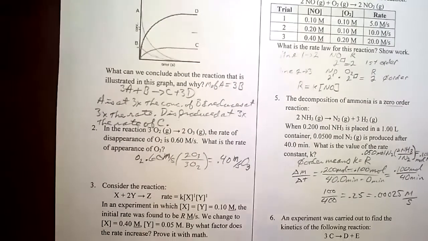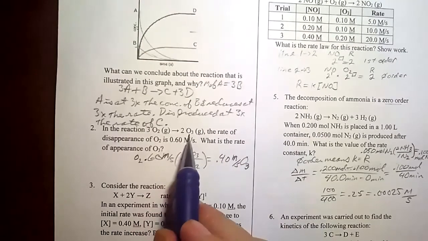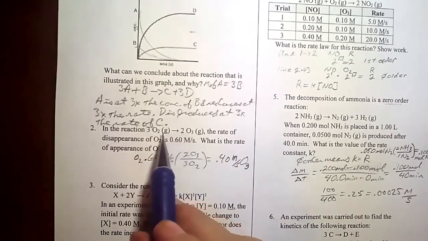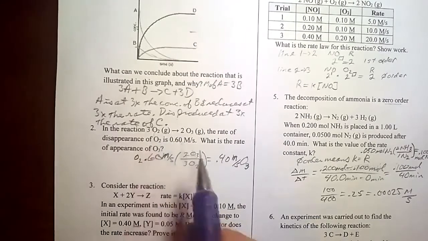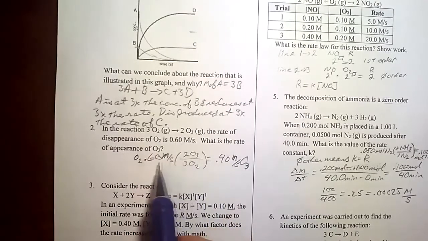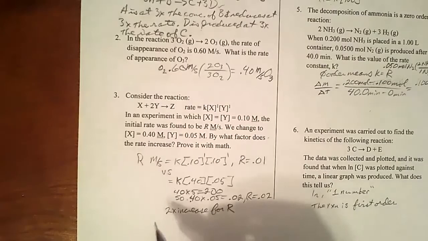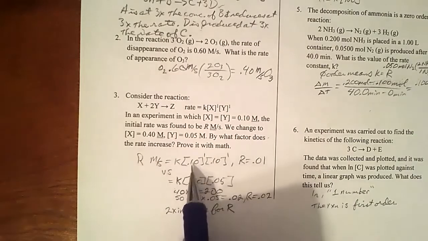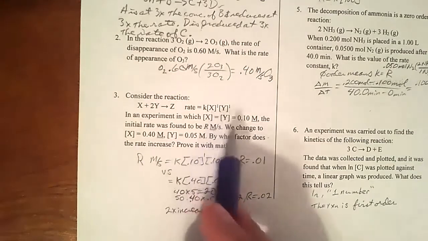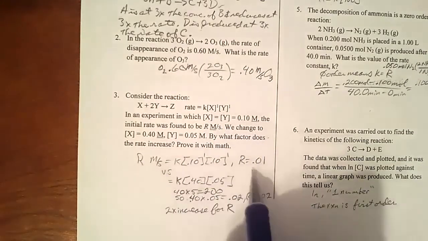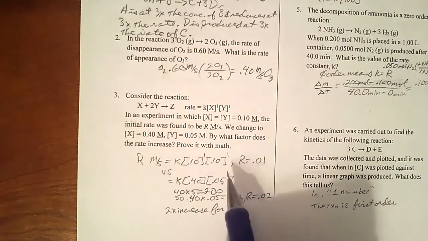On number 2, the appearance of ozone is 2/3 the rate of the disappearance of O2. It's 2/3 the rate of the disappearance of O2, isn't it? On 3, if you put in 0.1 and 0.1 for the molarities in the rate law, you get R. Well, R is clearly 0.01.